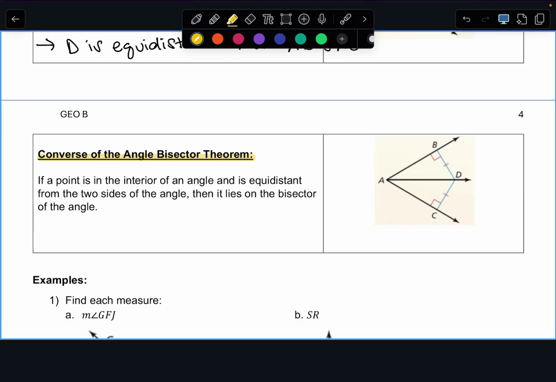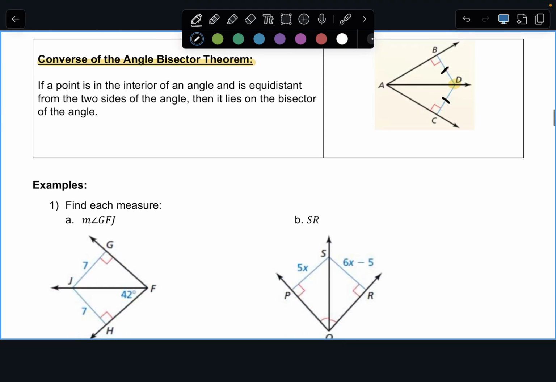So in this case, for the converse, if you have a point on the interior of an angle, so on the inside between your two sides, and it's equidistant from the two sides of your angle, so in this case, we're given that DB is equal to DC, and if that happens, then you know that D is on the angle bisector. So it goes both ways.